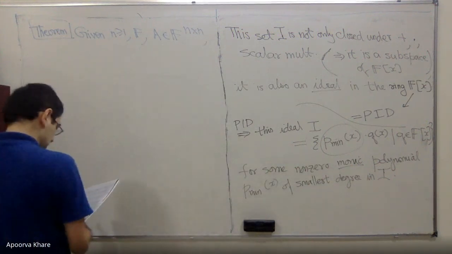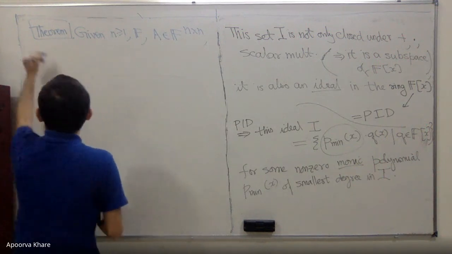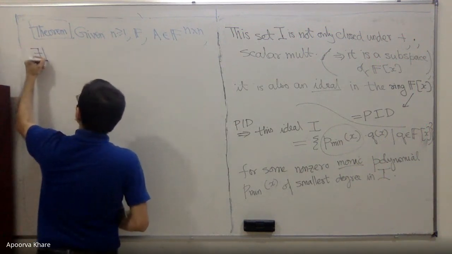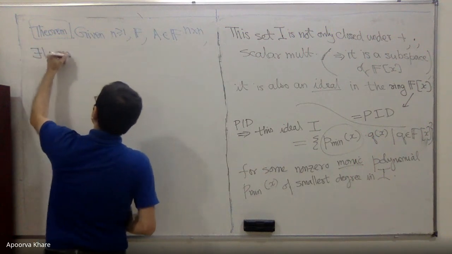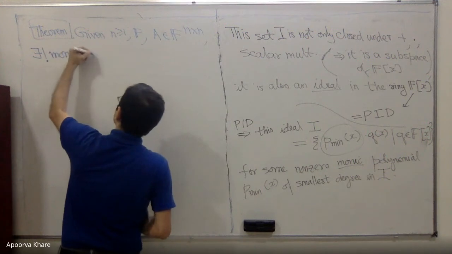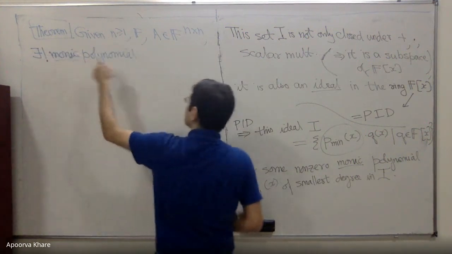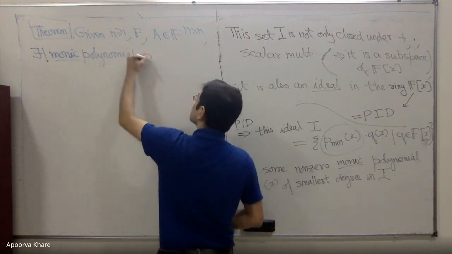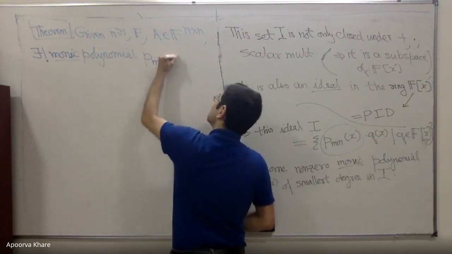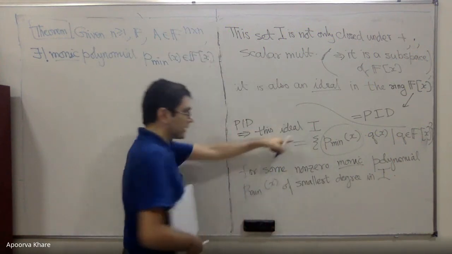There is a unique monic polynomial, P min of X, such that it satisfies this statement.